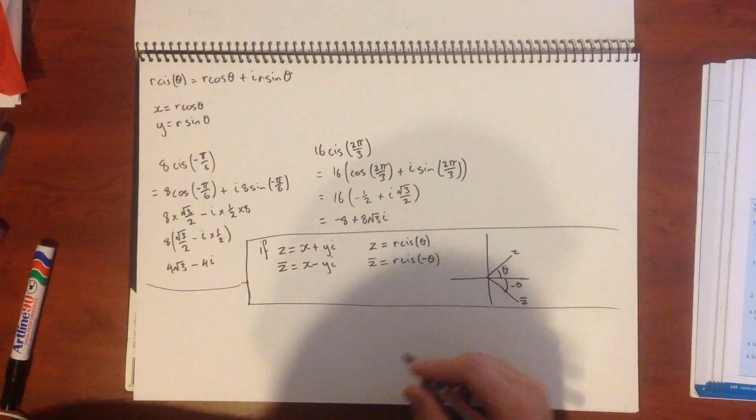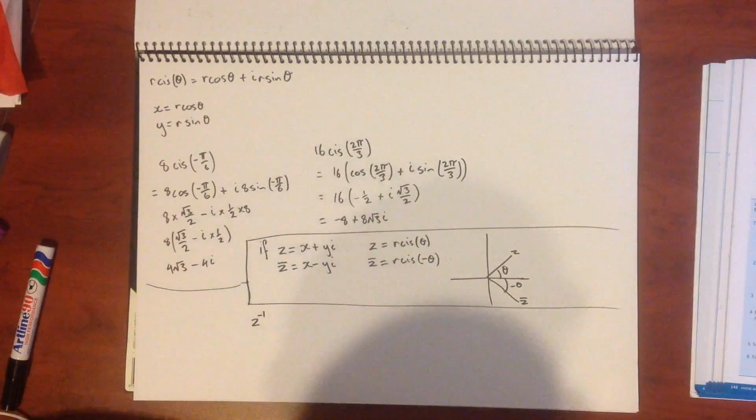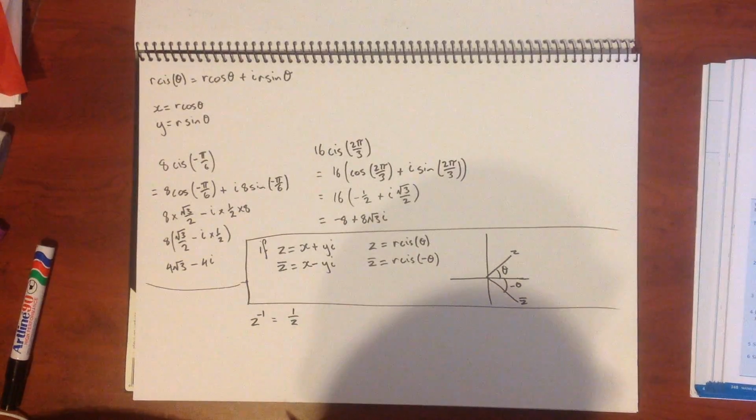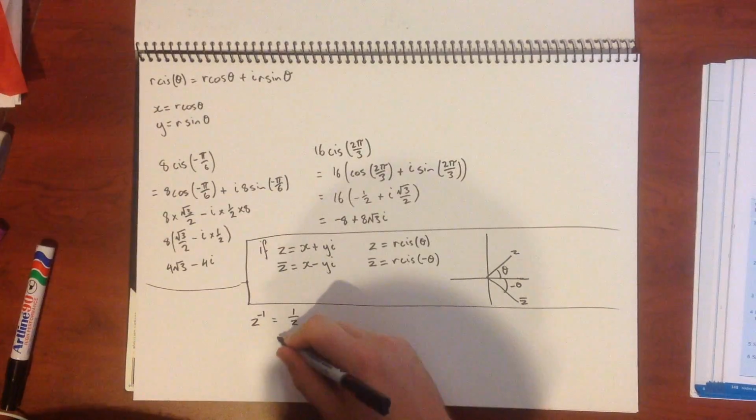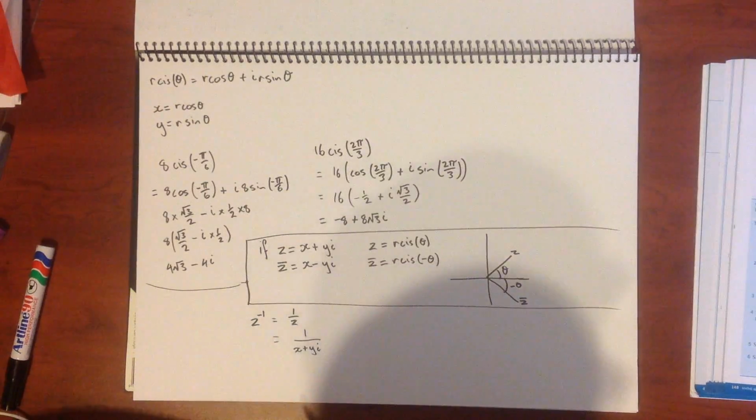So the multiplicative inverses in polar form. Basically we're saying, well, what is z to the power of negative 1? Well, we know that would be equal to 1 over z, and we know that would be 1 over x plus yi.